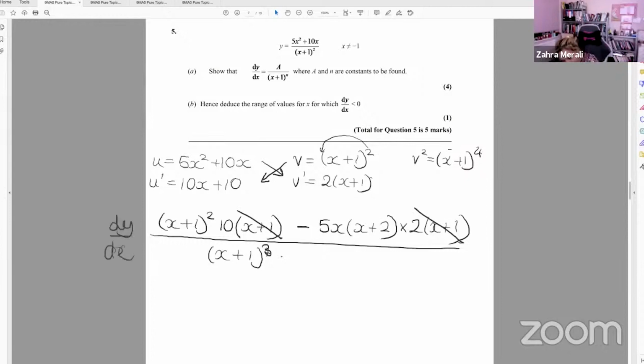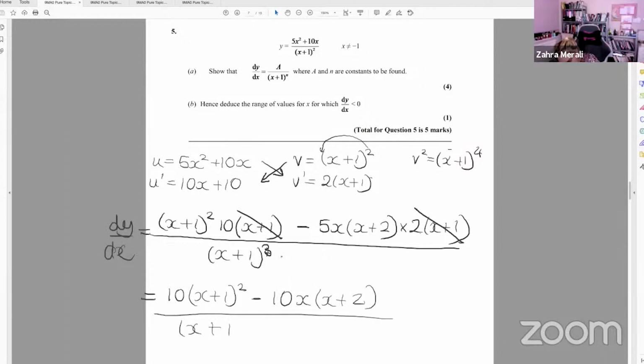So now if we open that out, on the top, we're going to end up with 10x plus 1 squared minus 10x times x plus 2 over x plus 1 cubed, which gives me 10x squared plus 2x plus 1 minus 10x squared minus 20x over x plus 1 cubed.